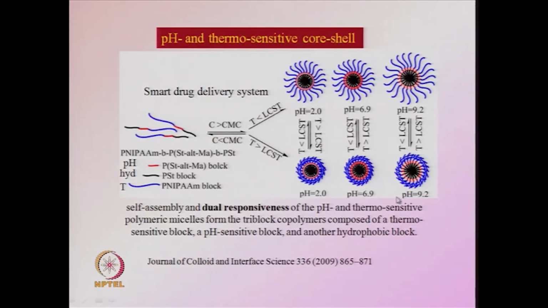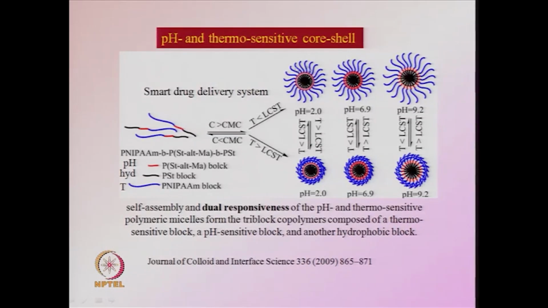If you change the pH further to 9.2, it has further opened out, and the overall size of this particle is now much larger than what you started with when the pH was 2. This is all at a temperature, all these three are at temperature larger than LCST. If you do all these pH changes at temperature below LCST, then you will have three different structures like this.